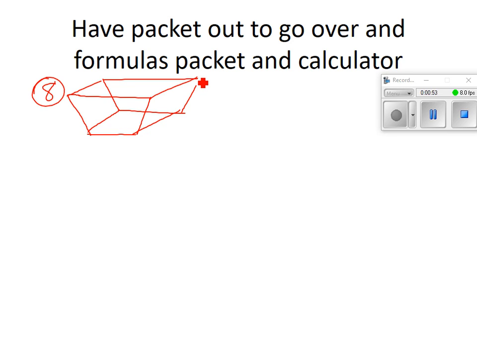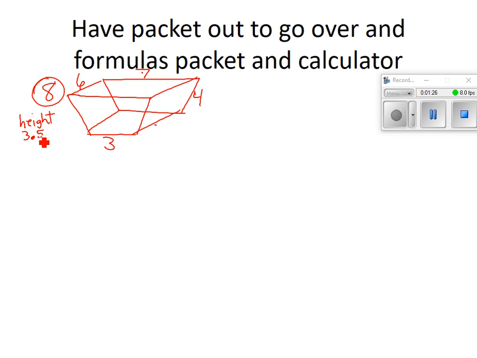What's this number? 3. 4. 7. 6. That's a 6 there. And 3.5 is the height. They give us a height. I can't draw the height in there, it's not going to look right, so is it all right if I just write it out here? Height's 3.5 of the trapezoid, right?